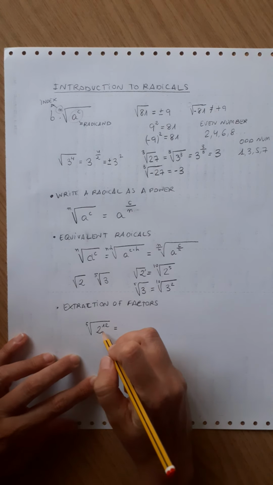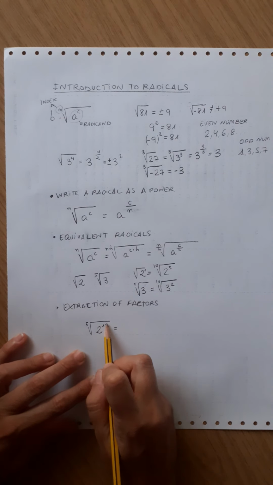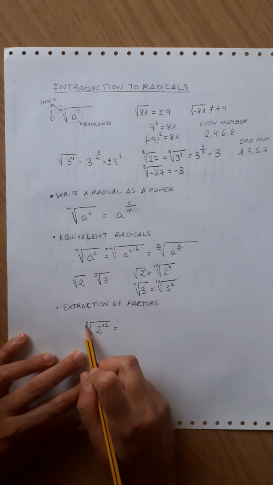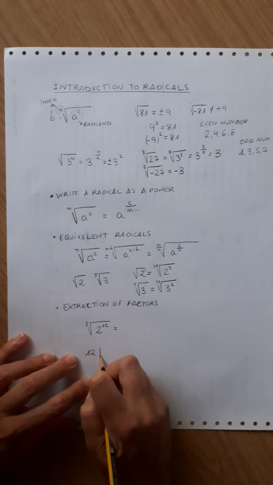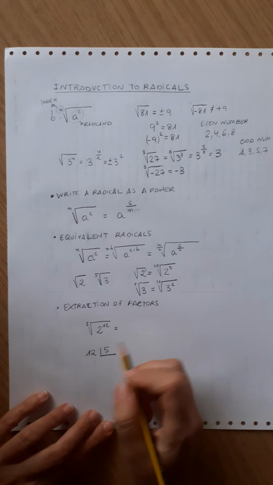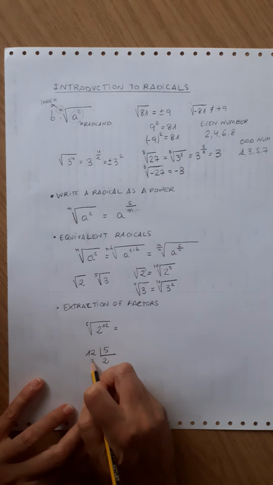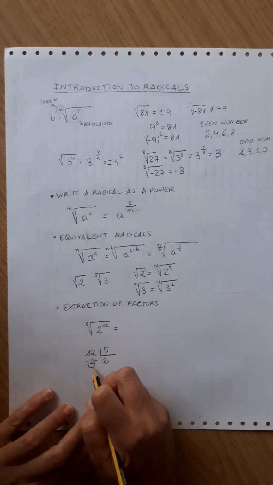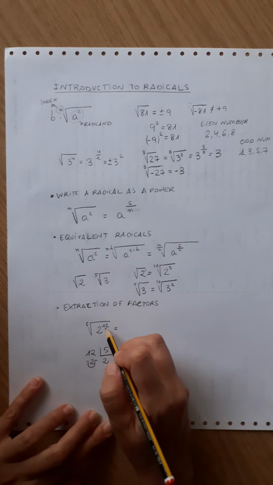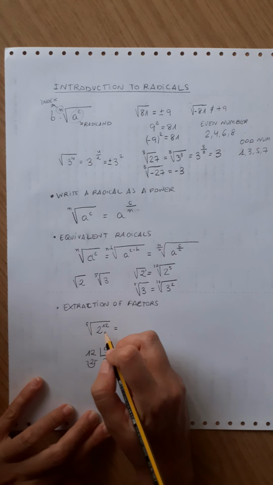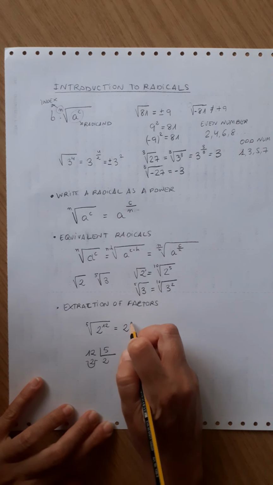I can extract some factors because this exponent is greater than the index. So I could divide 12 by 5. The result will be 2. And the remainder will be 2 as well. So I can divide 12 by 5, and the result is 2 to the power of 2, squared.